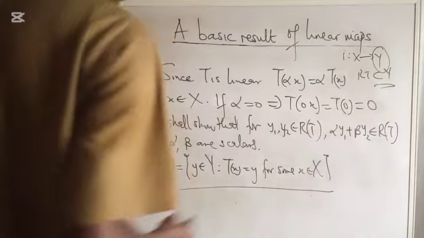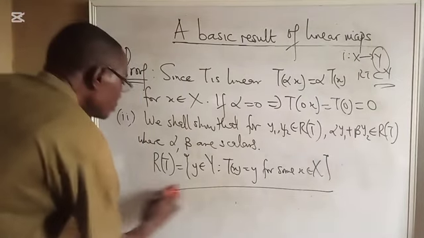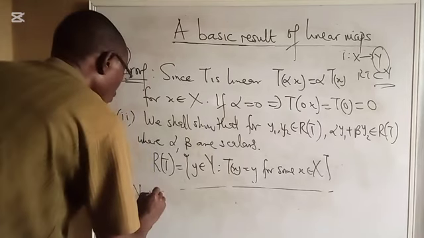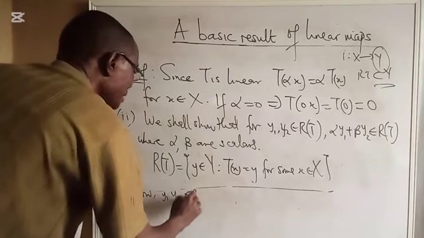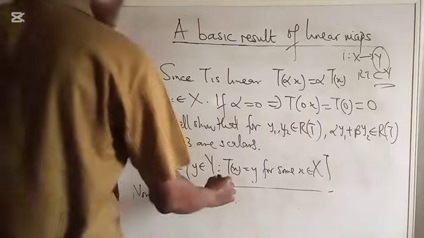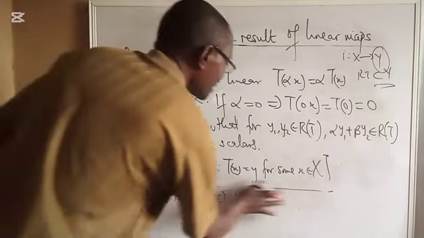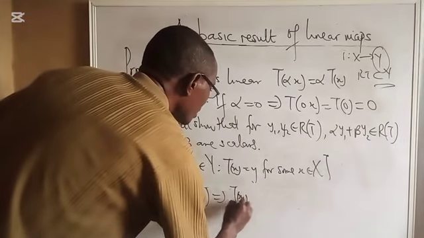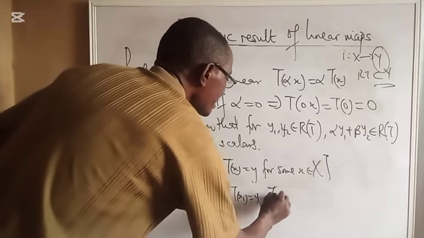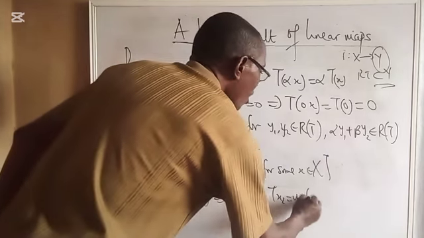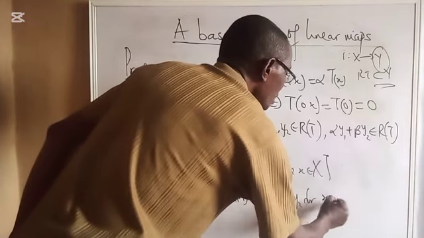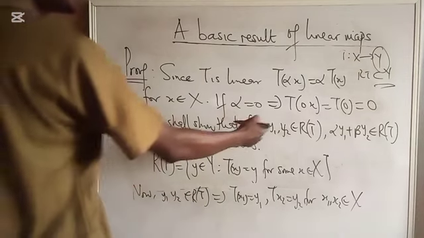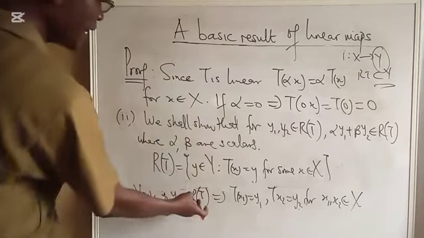Now, to do that, let's write: y1, y2 are in the range of T. Beautiful. This implies that T of x1 is equal to y1, T of x2 is equal to y2, for x1, x2 in X. That is, from our definition, we said let y1 and y2 be elements in the range.